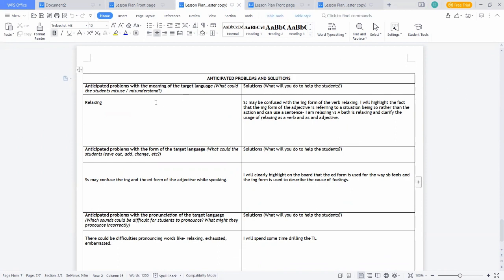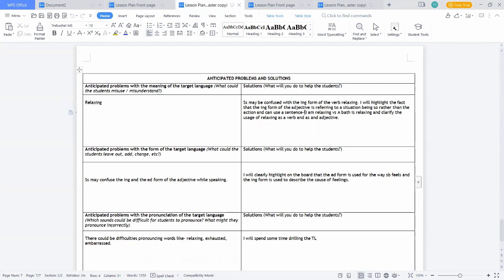An example of a problem, and this is with the meaning of the target language: I anticipated a problem with the word relaxing. And I also figured out a solution to the problem if there was confusion.